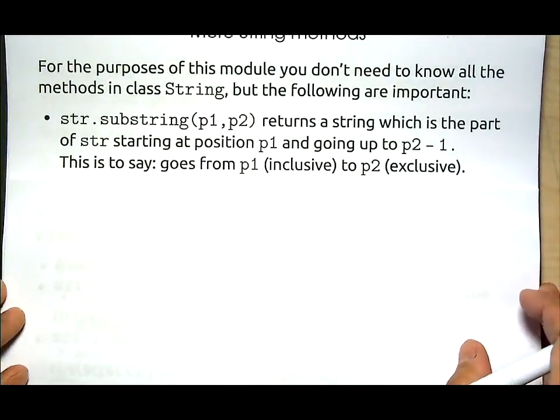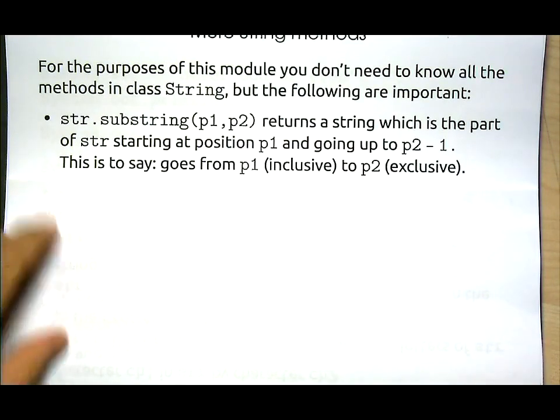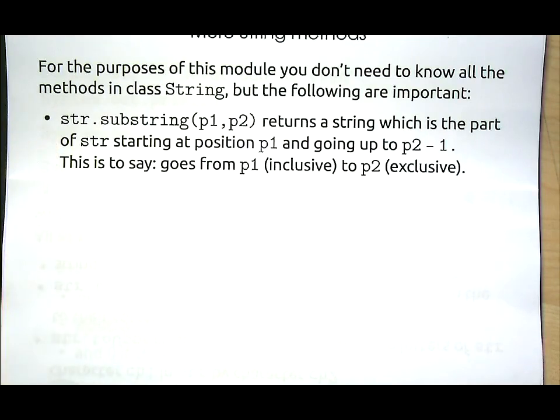With arrays, we spent quite some time trying to copy arrays and parts of arrays. For strings, you don't need to put in a lot of effort because there are built-in methods for that.